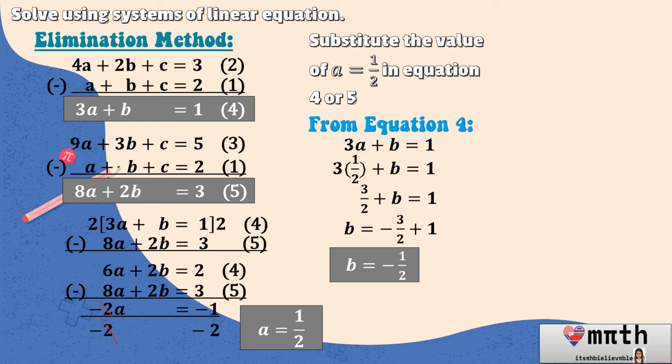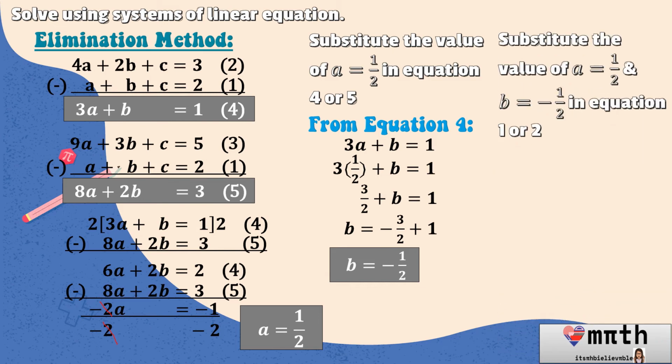As you can see, we were able to get the values of a and b. Now, from the original equation, let us substitute the values of a, which is 1/2, and b, which is negative 1/2, in either equation 1 or 2. In this case, I'm going to choose equation number 1. And equation number 1 is a plus b plus c is equal to 2.